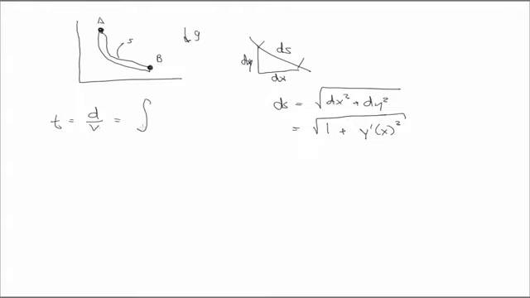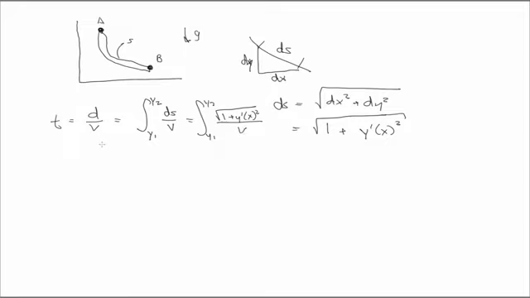So then mathematically, along our path, from point y1 to y2, the integral of ds, the total path length, over the velocity, is equal to the integral from y1 to y2 of the square root of 1 plus y prime of x squared, over v.